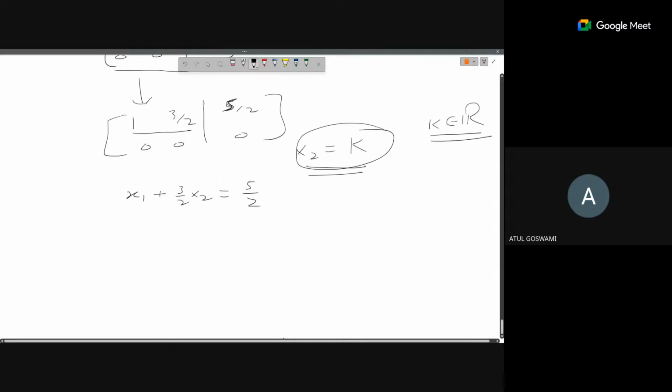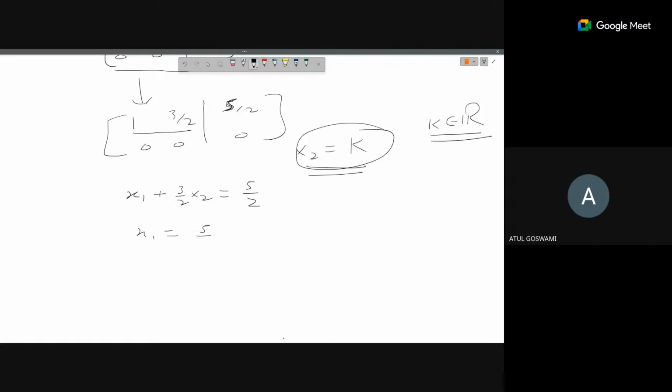So x1 equals 5/2 minus 3/2 k, and x2 is k. So just keep changing the value of x2. K can be any real number. Suppose k is 1, 2, 2.5, 2.3. Any real number you can take instead of k, and you will get a different value of x1.